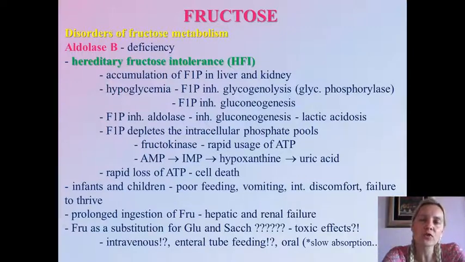When fructose is used as a substitution in those intravenous infusions or enteral tube feeding. And now, if you got so excited about the many fructose products on the market where fructose is used instead of glucose as a sweetener, oral ingestion of fructose leads to a rather slow absorption.